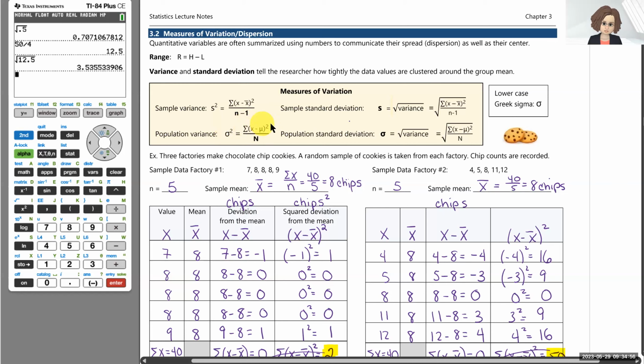The numerator wouldn't change. We're going to compare every cookie to the average cookie, mu, so the population mean. And the denominator is going to be population size n. So the difference here is that it's n minus 1, sample size minus 1 for the sample variance, but population variance, the formula changes just a little bit. So again, we'll have our calculator help us out to find those values for our standard deviation. All right, so let's try it.